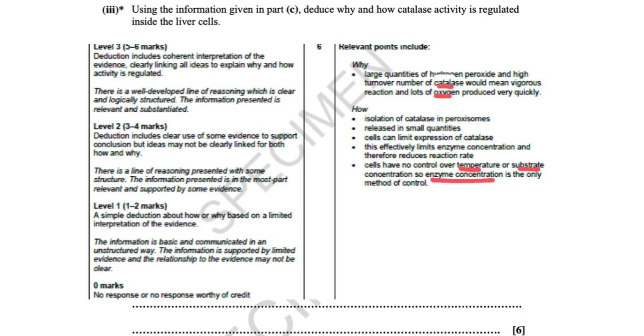Therefore, you're releasing more of the enzyme if you're carrying out more transcription and translation. Now, both of those things limit enzyme concentration and therefore reduce the reaction rate. Therefore, the reaction would not be occurring too rapidly and lots of oxygen would not be produced in the liver cells.